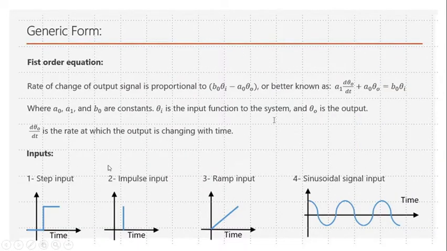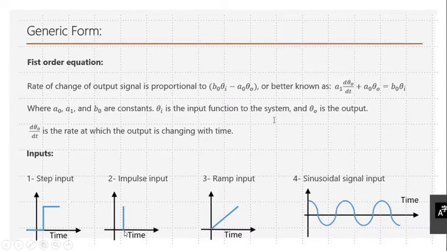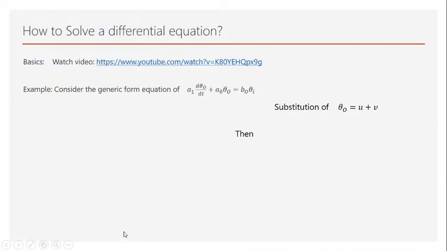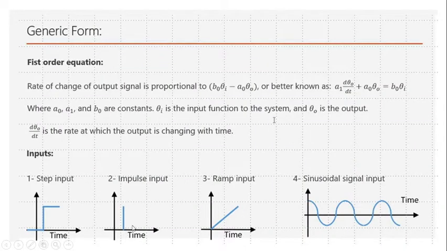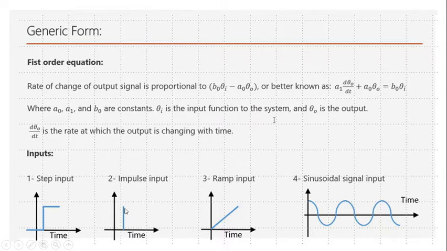But in some cases, we might have different types of inputs. One different type of input can be called impulse input. An impulse input means that before that particular point of time, and also after that point of time, we have nothing. We don't have any input. But in that short, sudden point of time, we have a very sharp, high input.